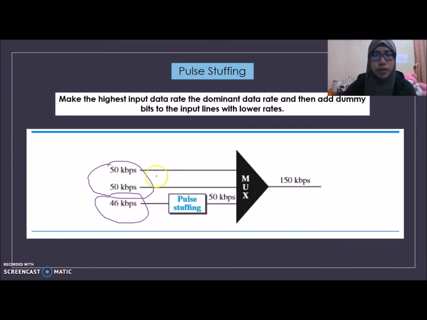To make them equal, we make the highest input data rate, which is 50 kilobits per second, the dominant one, and for the 46 kilobits per second we add 4 pulse stuffing bits. This is called pulse stuffing, to make it 50 kilobits per second. With this we can make the output 150, so it is equal.